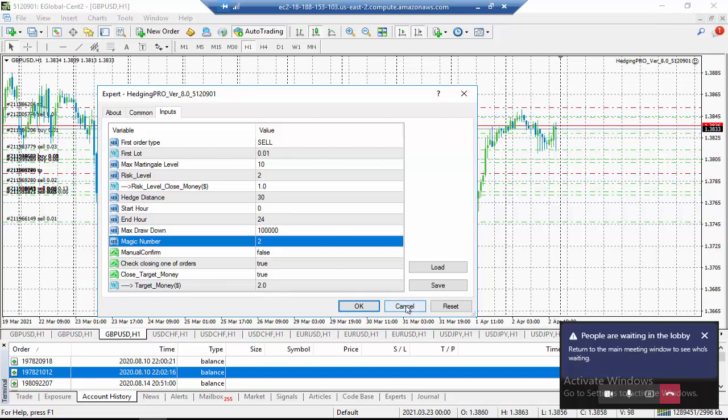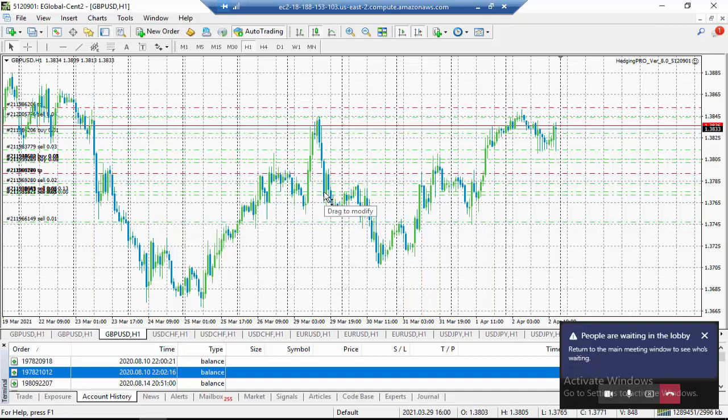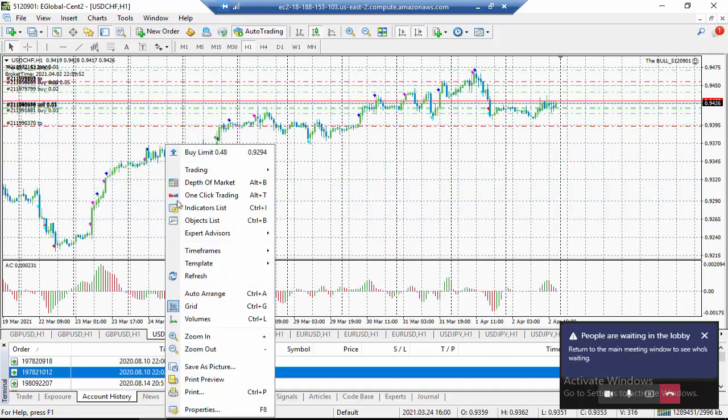So this is how the settings will be for all the pairs that have less than 10 spread. It's the same setting I use for everything.